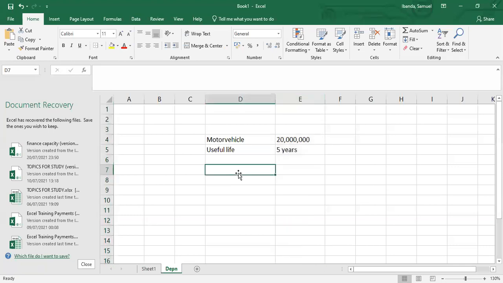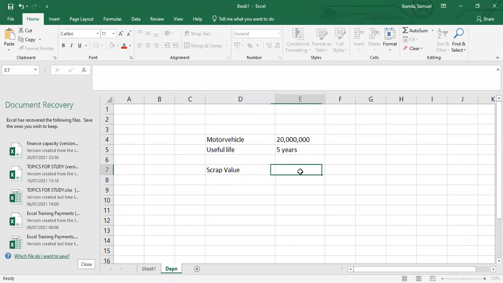Now, you can also have a scrap value. The scrap value for most assets may be 0, but for some assets, it can actually be of a given value. Let's say 5 million.